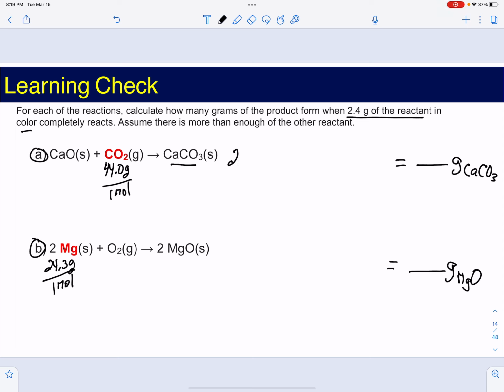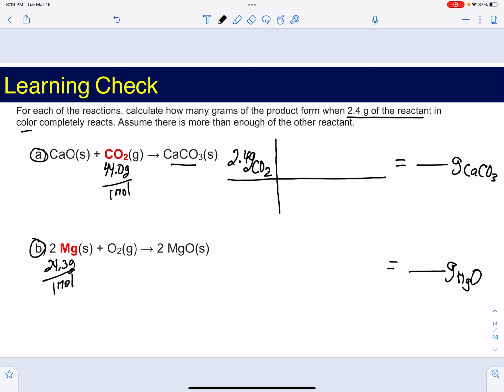So if I start with 2.4 grams of carbon dioxide, can I find how many grams of calcium carbonate I can make? Well, every time we want to convert from one substance to another, or one formula to another formula, there's no way but using mole to mole conversions.